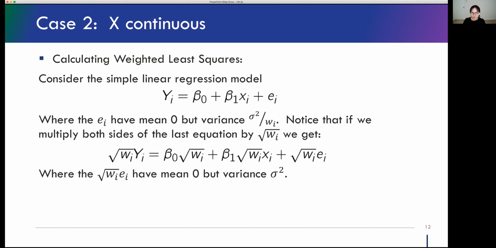Now we make a transformation by multiplying both sides of this equation by the square root of w_i. We multiply each of the elements by this quantity, and now our transformed error term has mean 0, but now with variance sigma squared. Now it has constant variance after this transformation.